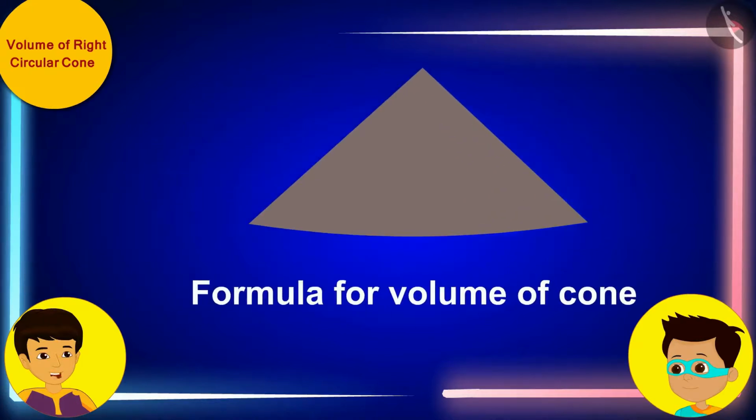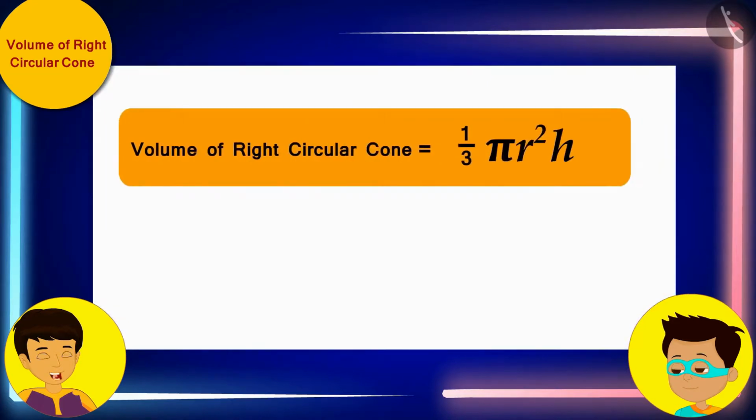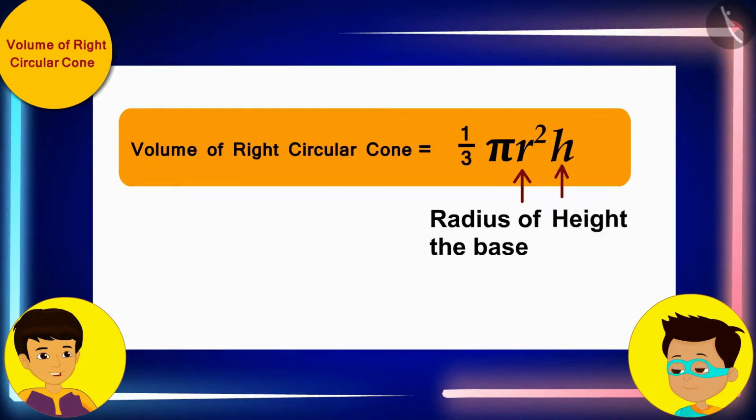I remember the formula for the volume of a cone. The volume of any right circular cone is 1/3 times pi R squared H, where R is the radius of the base of the cone and H is its height.